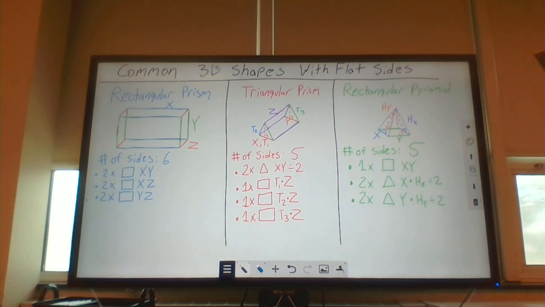The slant height is the height of the surface, if we imagine the surface as its own 2-dimensional shape. So if you're trying to find the surface area of a pyramid, you will be given these slant heights. And it's important to understand that these are what you need in order to find surface area, not the z dimension, not the height of the pyramid.